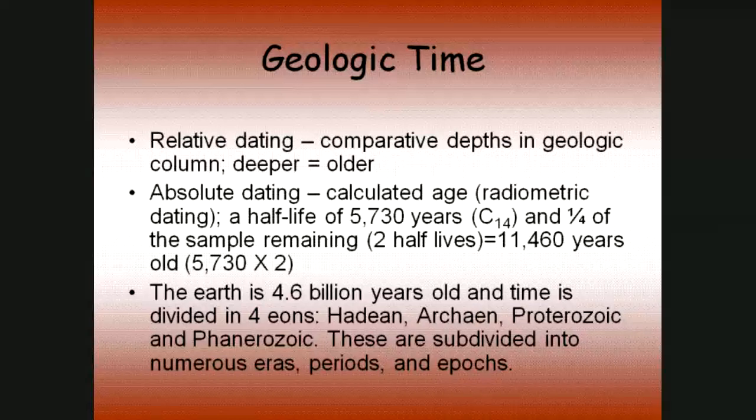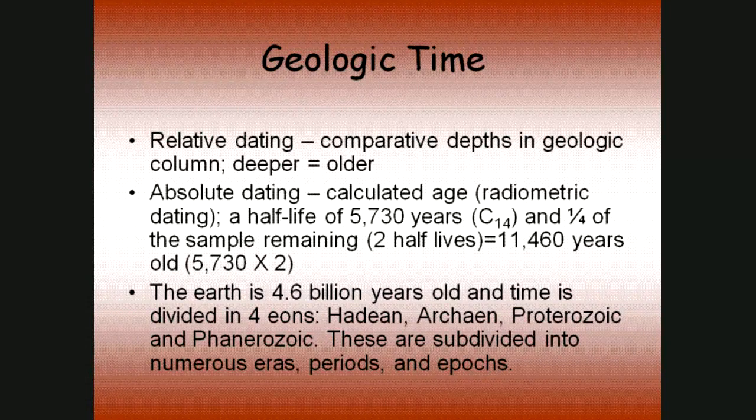Okay? So, if we find something that has just 1/4 of it is the radioactive elements, then we know it has gone half once and half twice, right? To get to 1/4, it's had to have been cut in half twice.